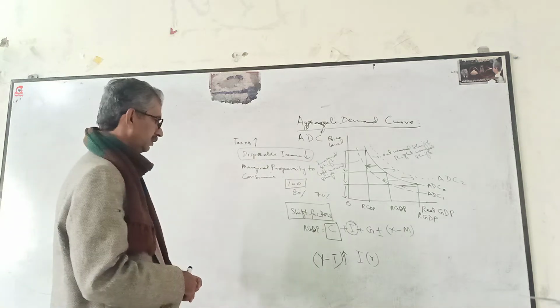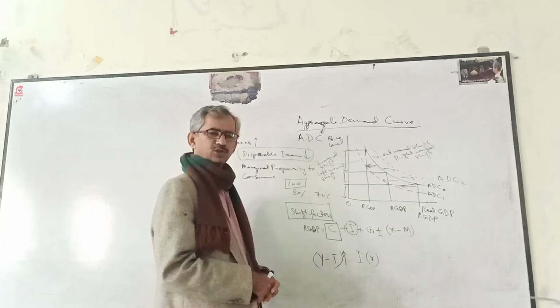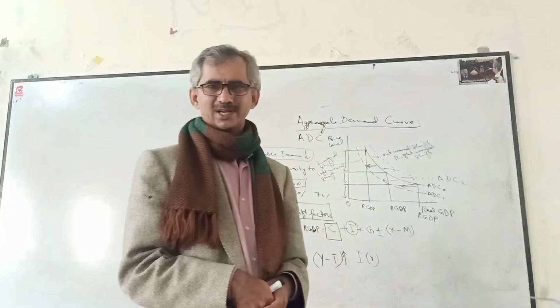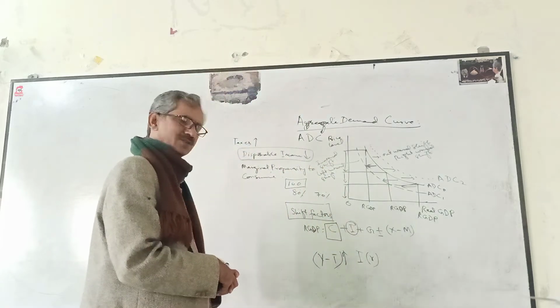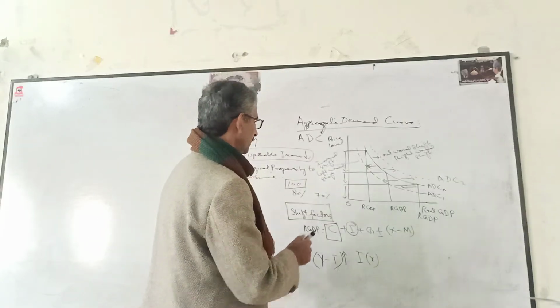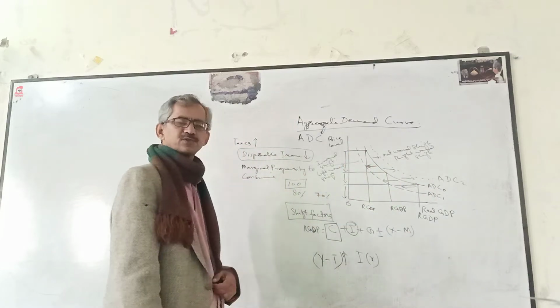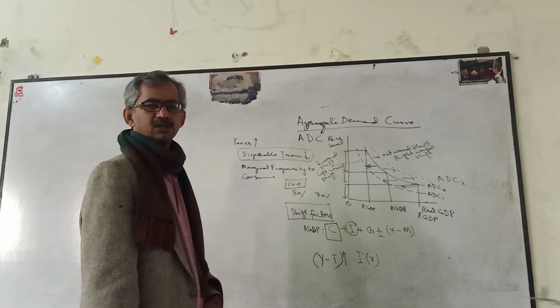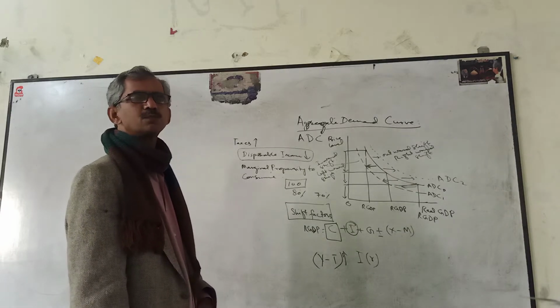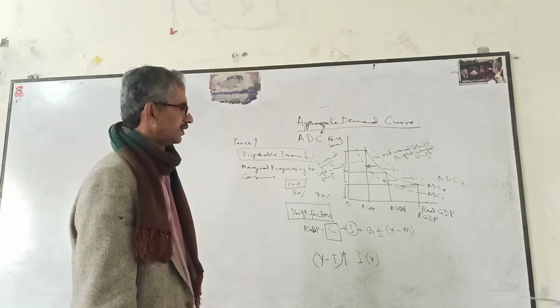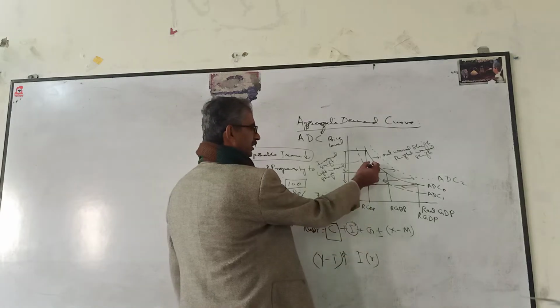So when the money supply is not increasing according to the demand of the people, the interest rate rises. When interest rate rises, firms borrow less. So when interest increases, investment declines, the private investment declines, and that's why we have the inward shift.